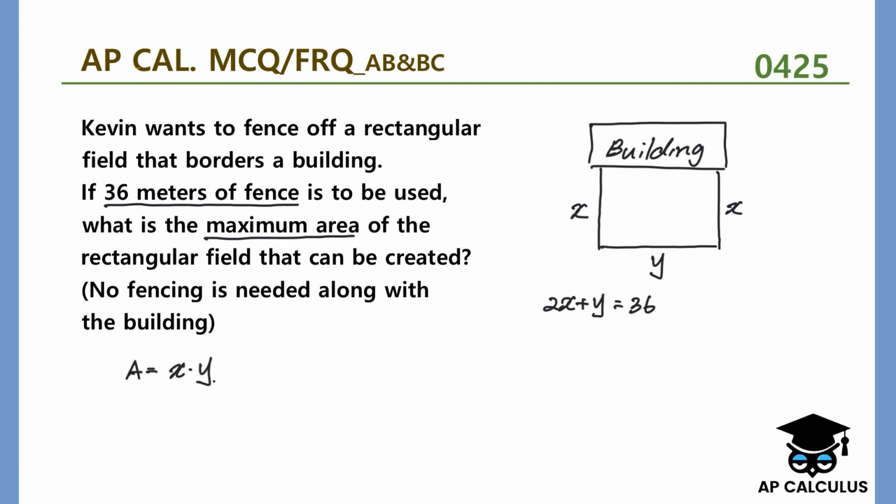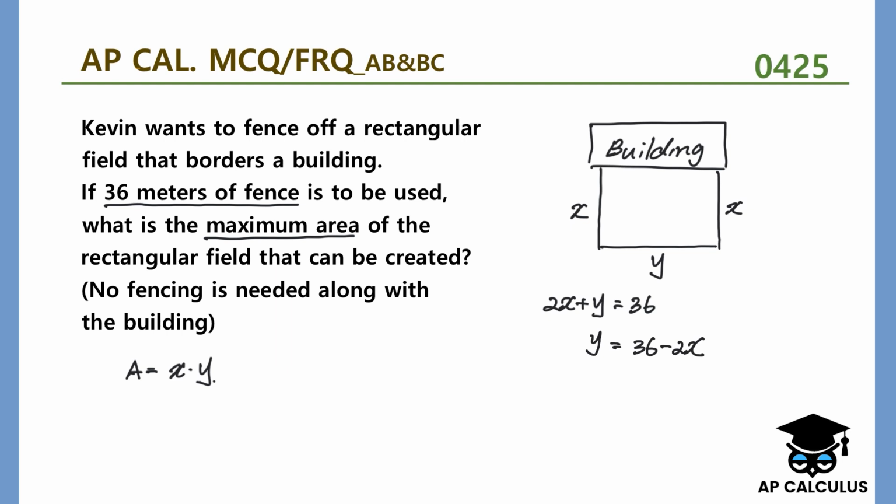This is an optimization problem, and the key to solving an optimization problem is to have an equation with one variable. Here we have two variables, so we're going to use this equation to make the expression in one variable. y is equal to 36 minus 2x.